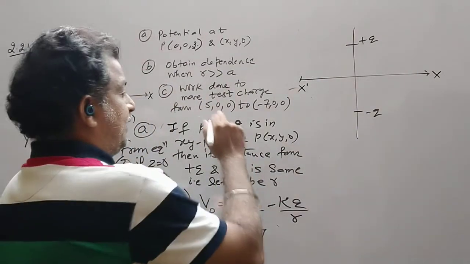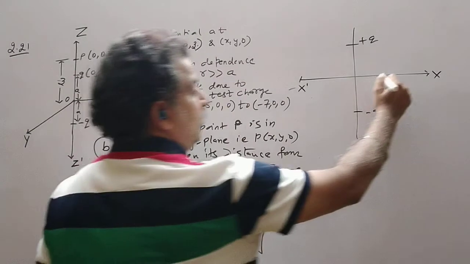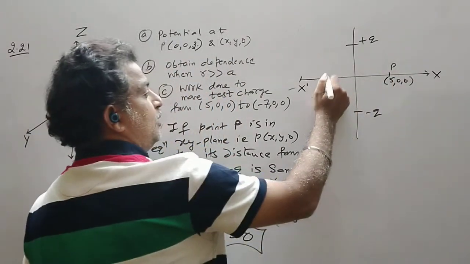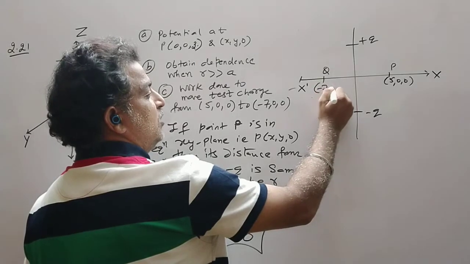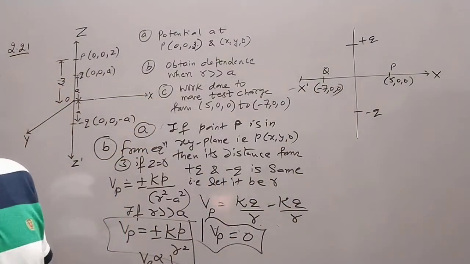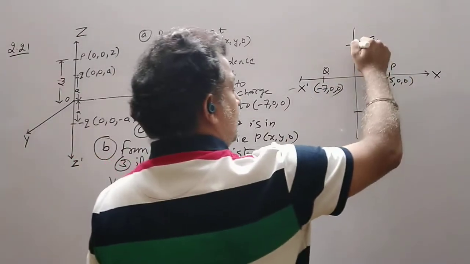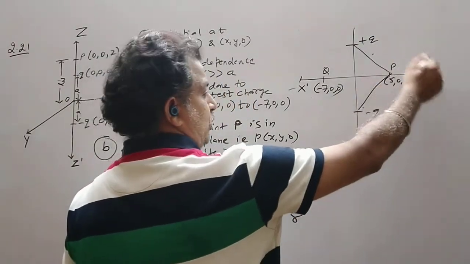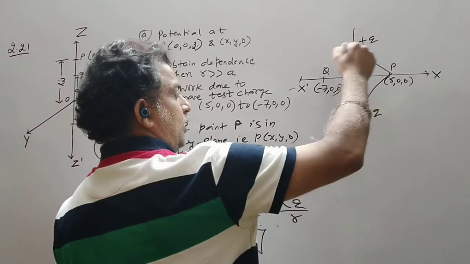If I take this point, say point P, it is (5, 0, 0), and this is point Q, say (-7, 0, 0). Both points are at equal distance from the sources.